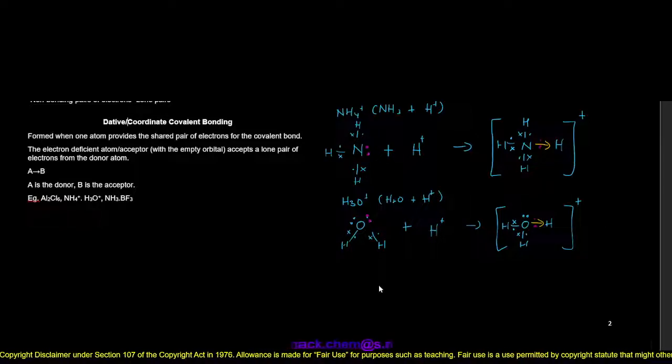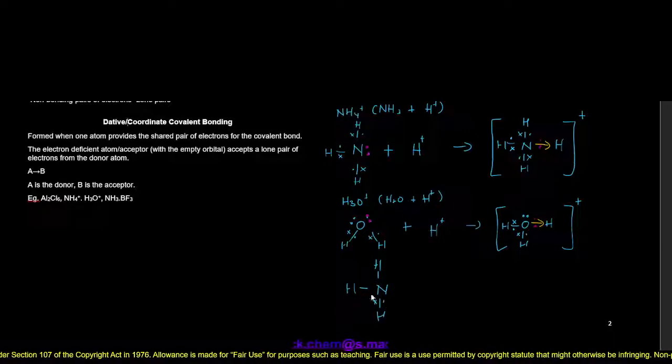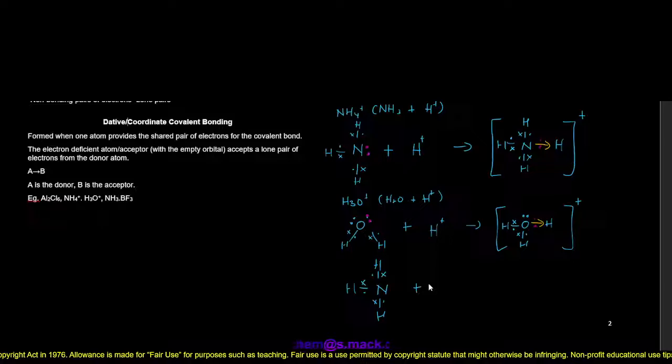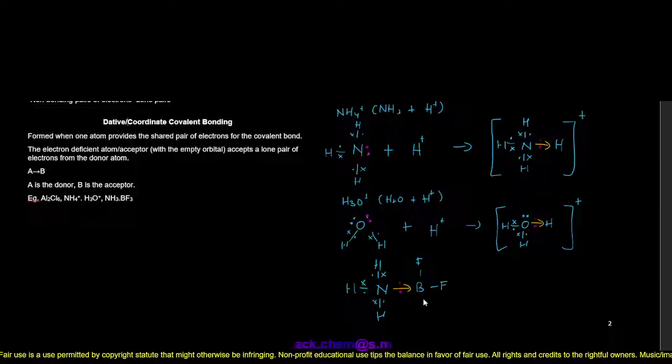So I'm just going to go ahead and draw the molecule where we have ammonia, it will bond to boron trifluoride, where the nitrogen atom donates its lone pair of electrons to boron trifluoride, which has space in its atomic orbital, that is its outer shell, to accommodate that lone pair of electrons.